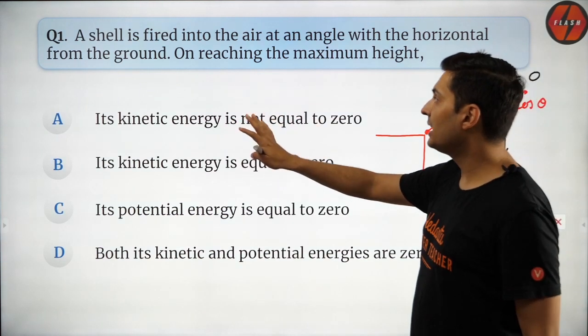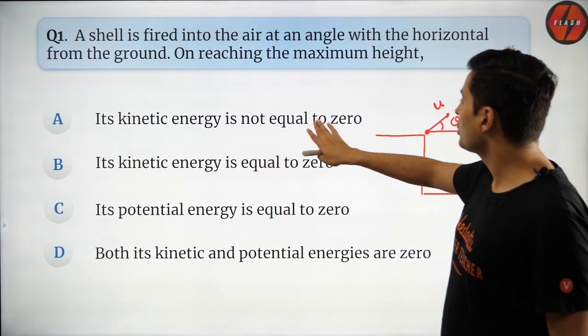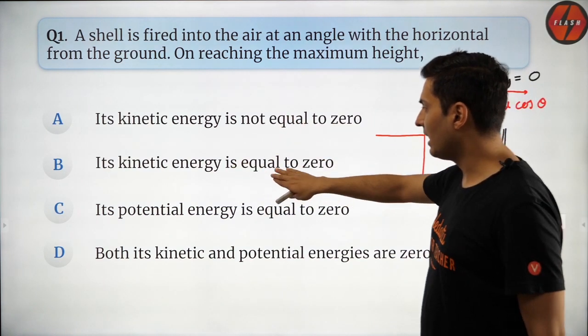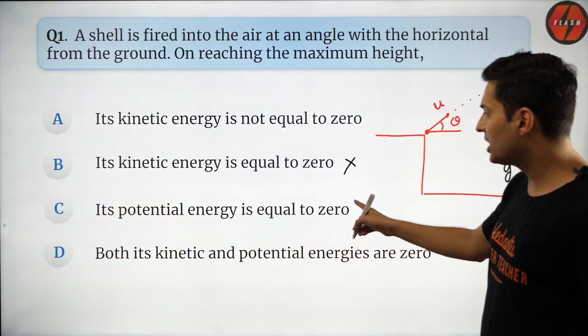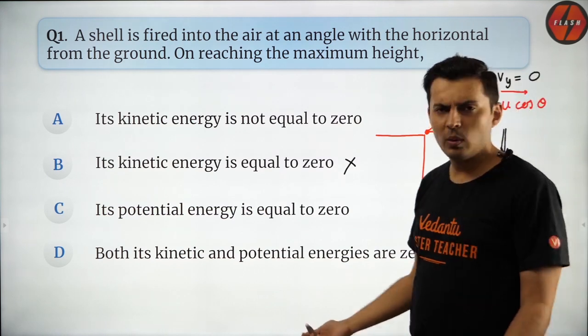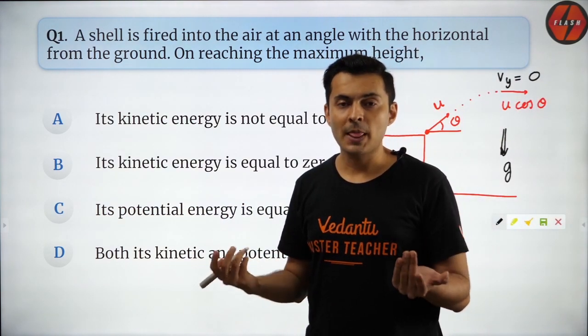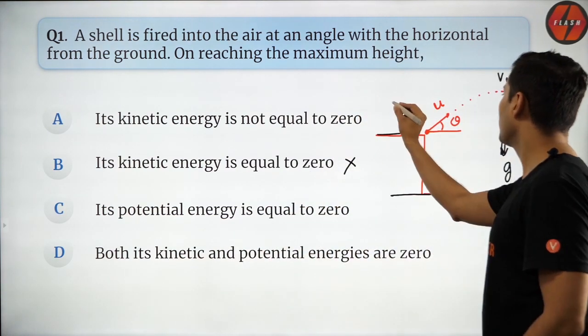So is the kinetic energy going to be zero? Obviously not. Its kinetic energy is not equal to zero. That option A is correct. Option B says its kinetic energy is equal to zero. That is wrong, of course. Its potential energy is equal to zero. Well, potential energy depends on which point you take as zero. You can take this line as zero potential, you can take this line, you can take this line.